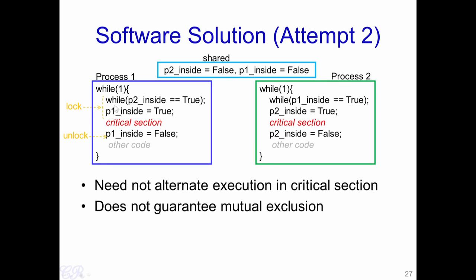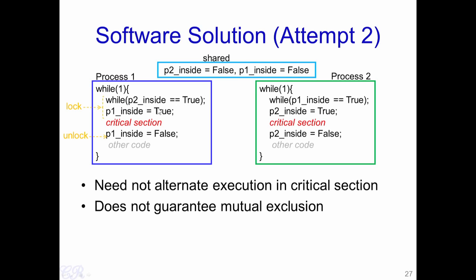Essentially, before process 1 enters into the critical section, it does 2 things. First, it needs to check that the second process, that is P2, is not inside the critical section, and this happens when P2 underscore inside is equal to false.